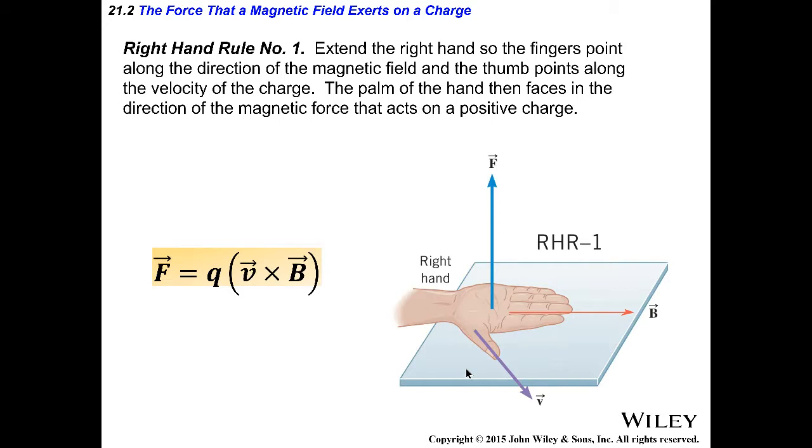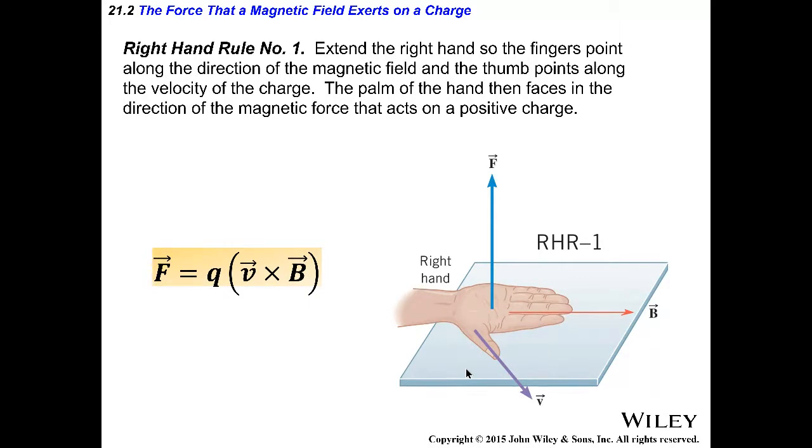Are you following? So you're saying if you point your thumb down, that's the direction of the force? Yeah, the thumb would be the direction of the force, if you are able to bend your hand in the direction of the magnetic field. Let's say you stretch out your right hand, and you say, I can now bend my hand from the direction of V into the magnetic field, and the thumb then is upward.